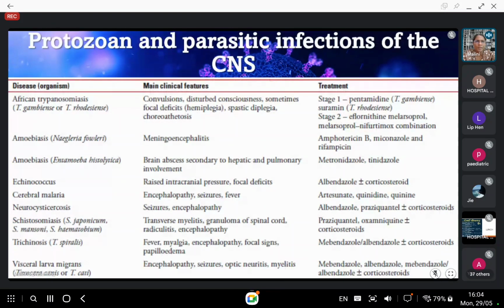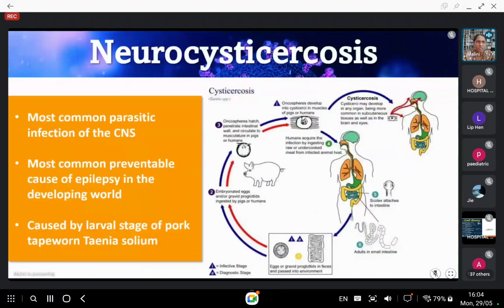Other parasitic or protozoan infections are listed, and I will only talk about neurocysticercosis because it is the most common parasitic infection of the CNS worldwide. Perhaps not so common in our country, but it's transmitted by the larval stage of the pork tapeworm, Taenia solium.